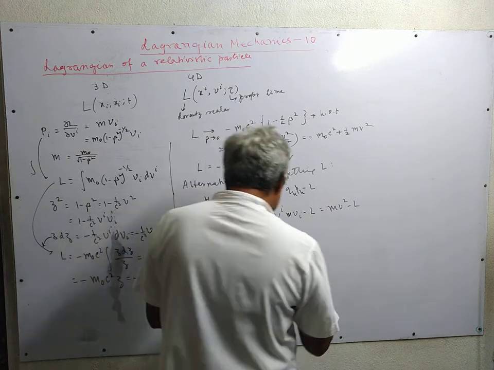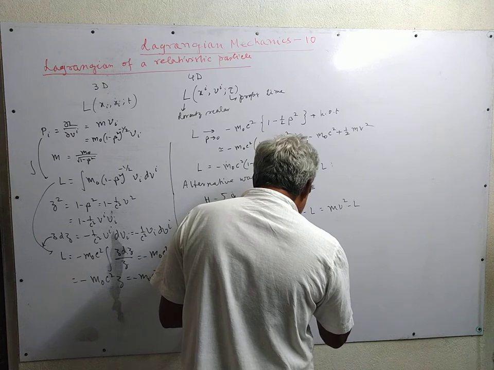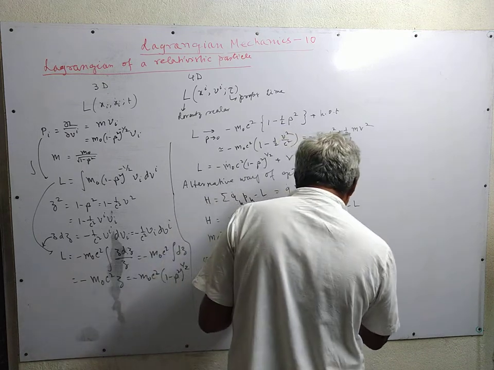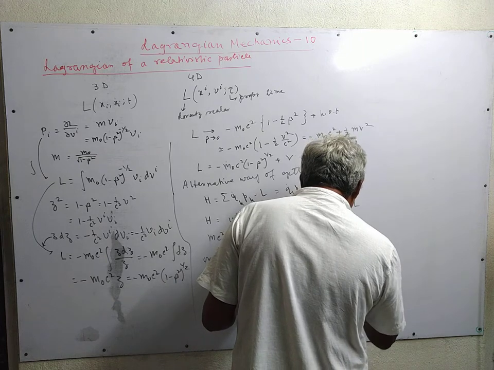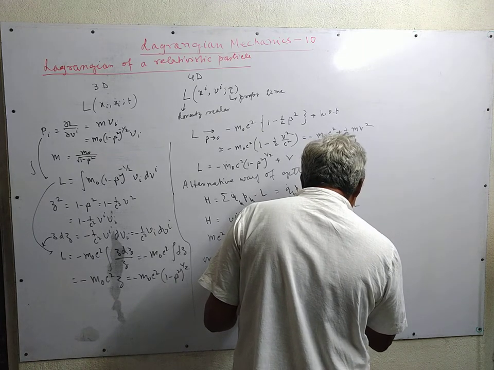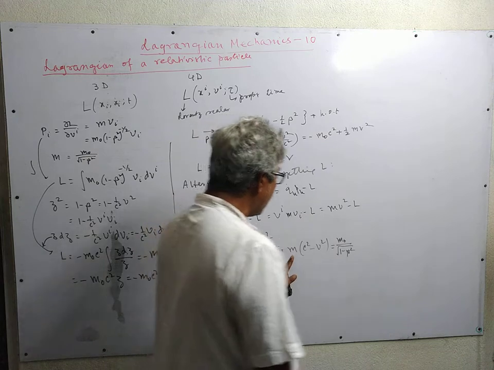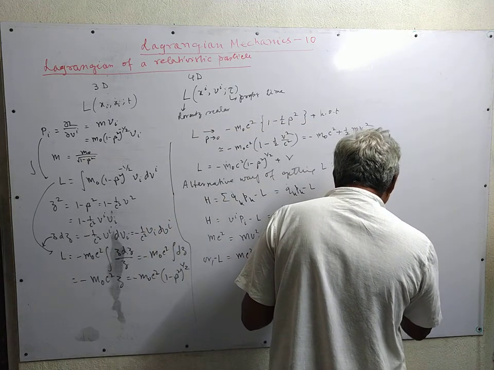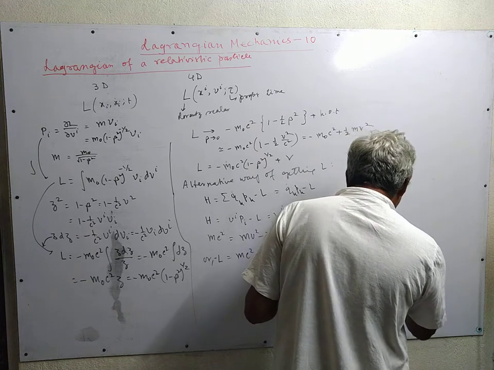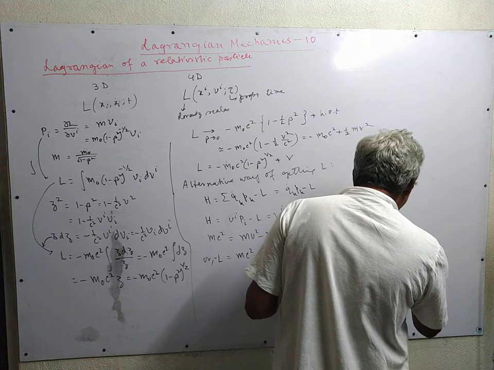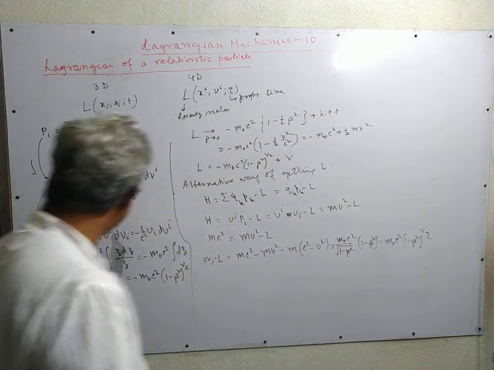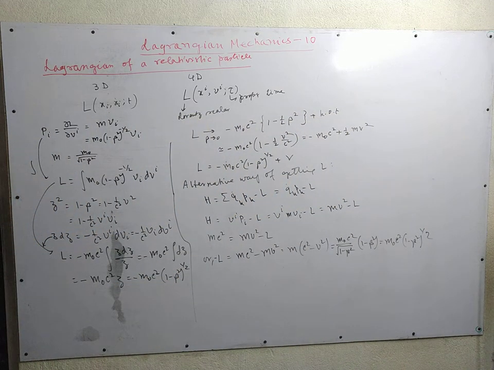If we take m common, this is m(c² − v²), which can be written as m0 (1 − β²)^(−1/2) for m, and taking c² common, this is (1 − β²). So altogether this is m0 c² (1 − β²)^(1/2), the same expression for the Lagrangian.